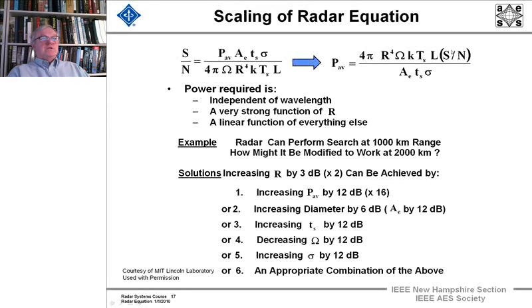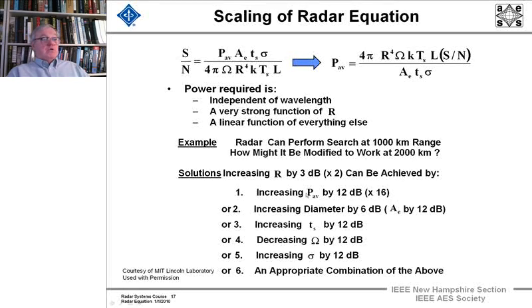Now, here we see it's a linear function of everything except the range, where it depends on the fourth power of the range. It's a very strong function of range. And to see this, let's say the radar can perform its job at 1,000 kilometers. How could we modify it to work at double the range?